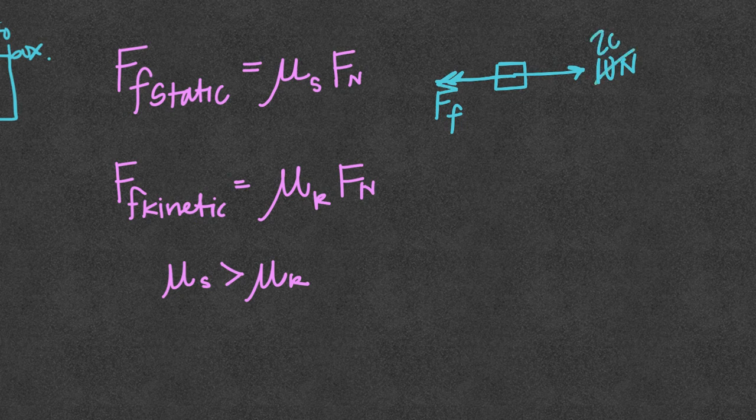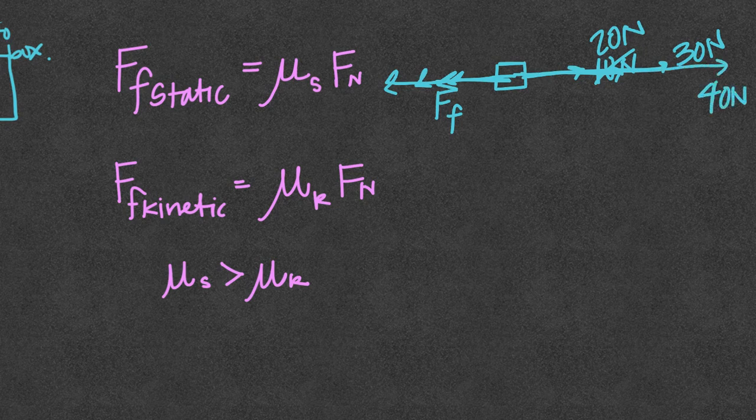Then we'd increase it to 20 newtons, and so the vector would get bigger and our friction force would get bigger. And then we would increase it to 30 newtons, and then this one would also get bigger again. And then maybe we jumped all the way up to 40 newtons, and suddenly we saw that there was no force of static friction and only a smaller force of friction kinetic.